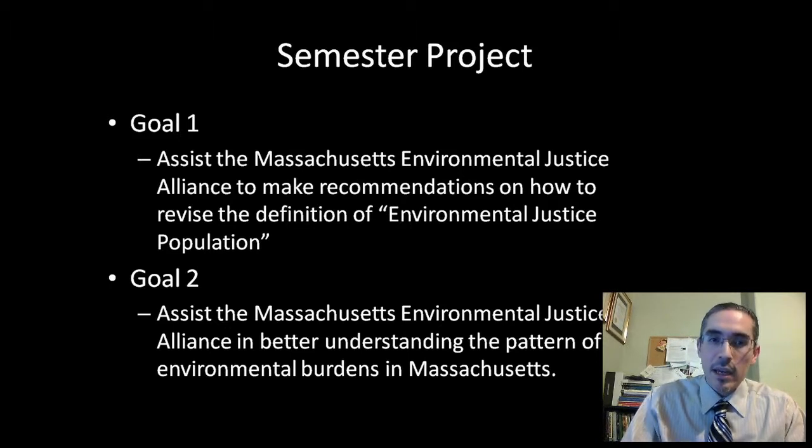And so ideally what we're going to do is do a rough first pass to see where different kinds of environmental burdens, which we have yet to define, are concentrated across the state. And what we're kind of interested in is to what extent those environmental burdens relate to where the vulnerable populations are. But initially we're going to keep these two goals separate, and we're going to have two groups working on each project goal separately.